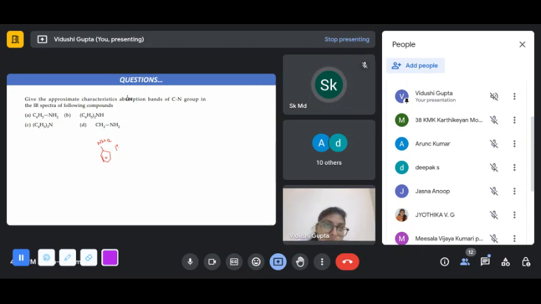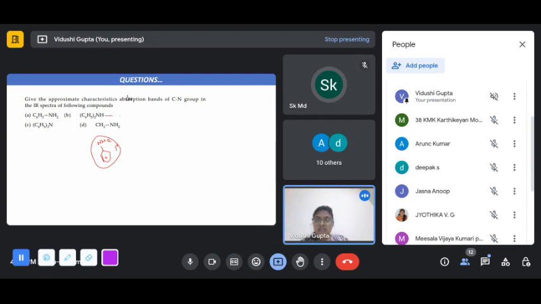Or you can just say, if a nitrogen is attached to one carbon, then it's primary. If it is attached to two carbons, then it is secondary. And if it is attached to three carbons, then it is tertiary. So this is aniline. This nitrogen is only attached to one carbon, so it is a primary amine.